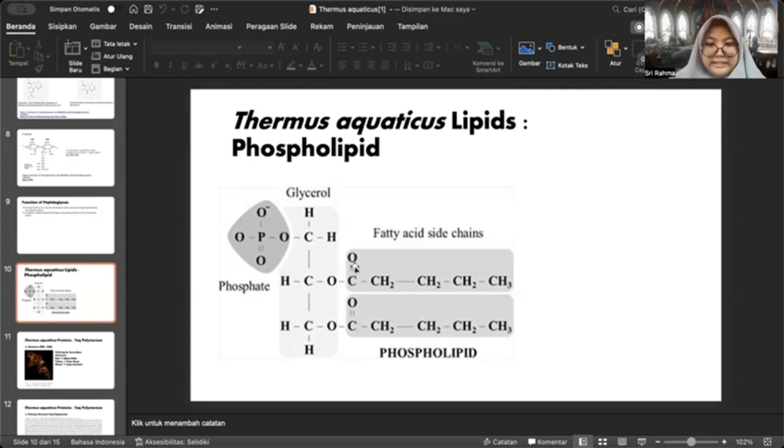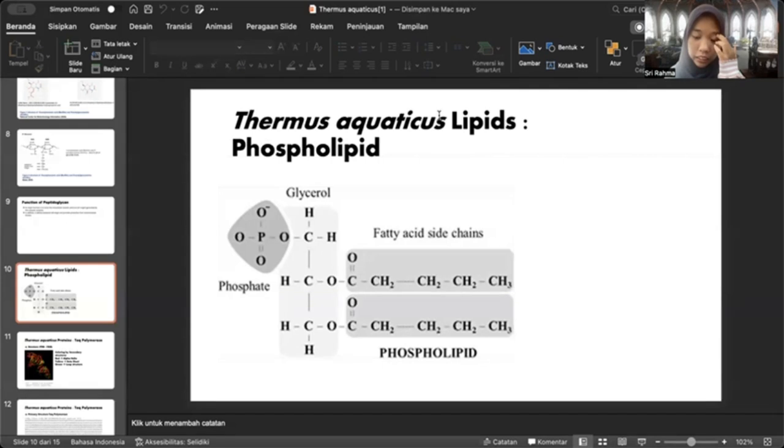And the bonds between the fatty acid and glycerol are called ester bonds, and the bond that links phosphate and glycerol is called a phosphoester bond. And this phospholipid can be found in the membrane of the Thermus aquaticus.